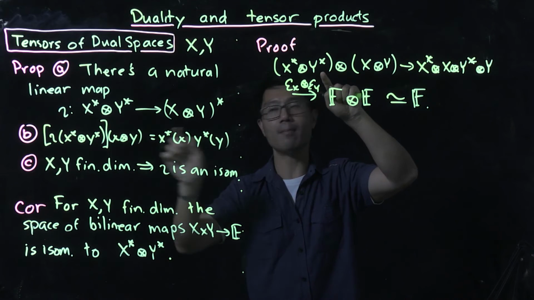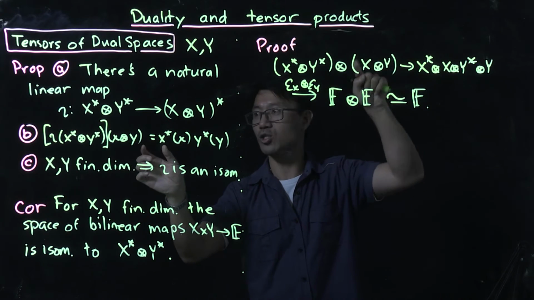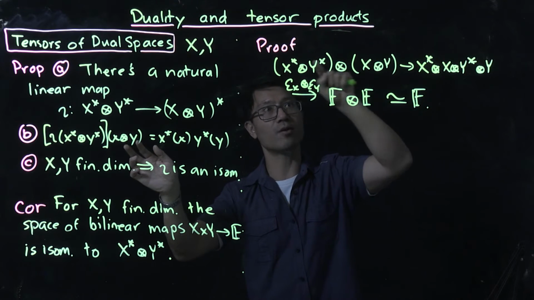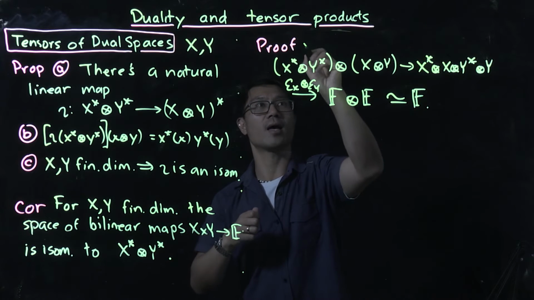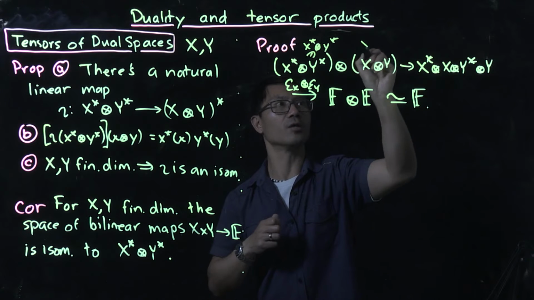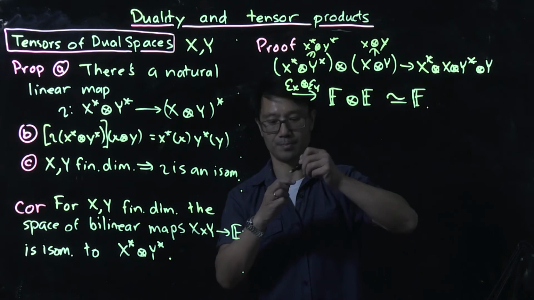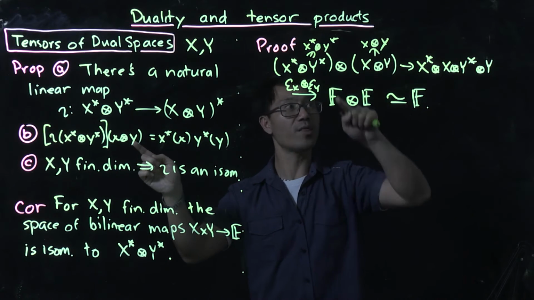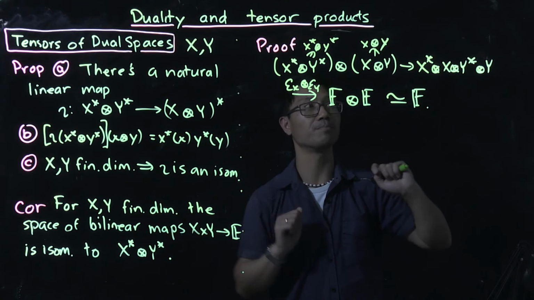And the corresponding linear map is, well, you fix this element inside here, and you substitute things inside here. It's a function of this variable. So you've got X star tensor Y star, that's inside here, and you feed in an X tensor Y inside here, like that. And see where this goes, and that will tell you where this left-hand side ends up.